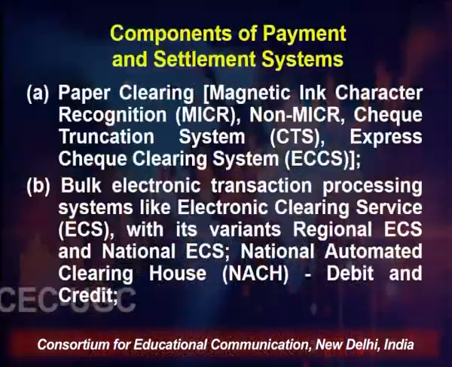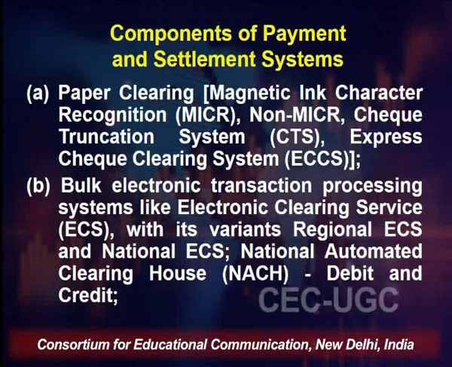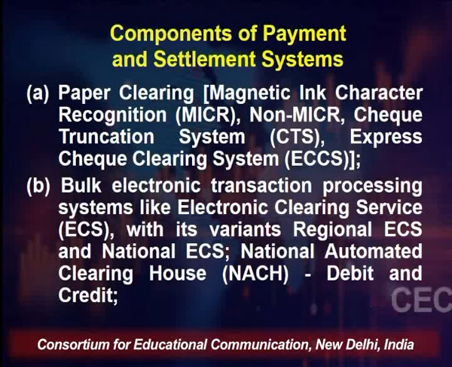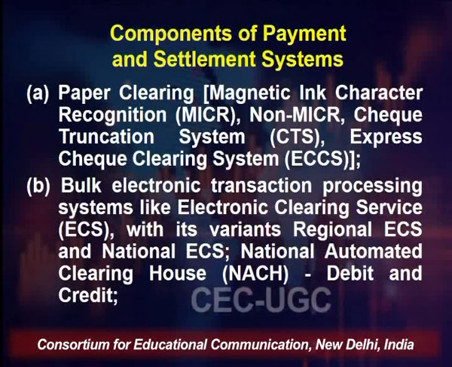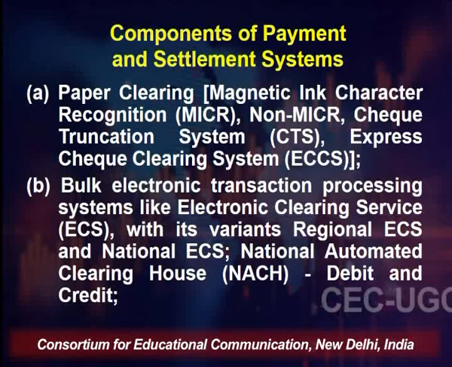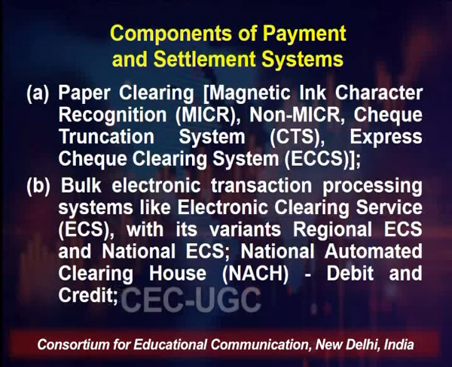If we consider this definition, payment system transactions in India would comprise transactions processed and settled through paper clearing, that is MICR, non-MICR, the cheque truncation system, express cheque clearing system, bulk electronic transaction processing systems like electronic clearing services, ECS and its variants, which include regional ECS, national ECS, then the National Automated Clearing House, debit and credit both.